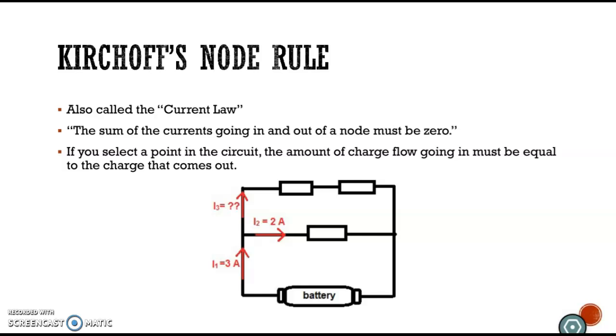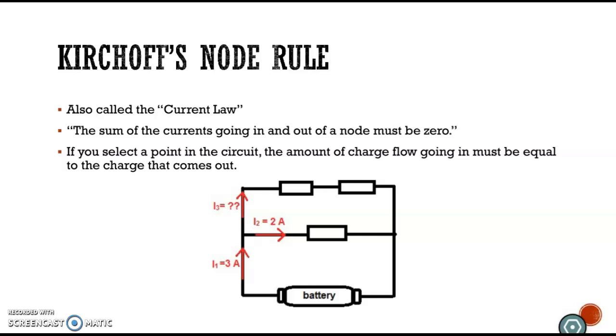Okay, this brings us briefly to Kirchhoff's node rule, or his current law, which says that the sum of the currents going in and out of a node, where this type of point is a node, a connection point between wires, must be 0.